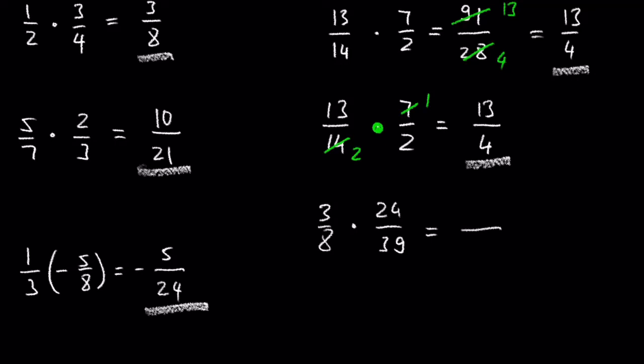We discover that 24 is divisible by 8 three times, and 8 is divisible by 8 once. 39 is divisible by 3 thirteen times, and 3 is divisible by 3 once. Hence we get 1 times 3, which is 3, and 1 times 13, which is 13. So we get 3 over 13.